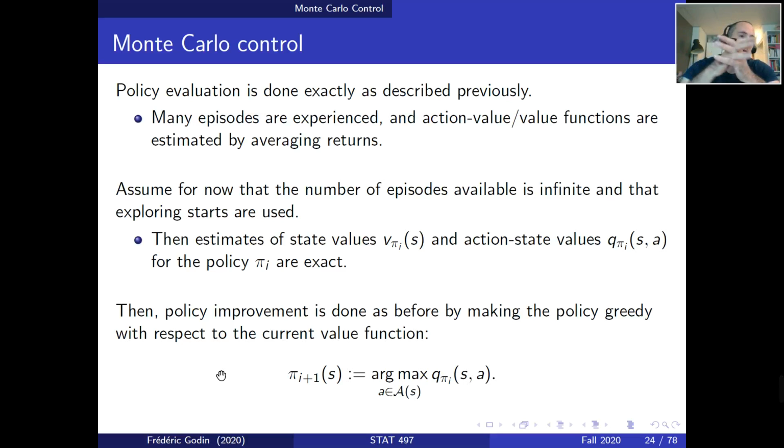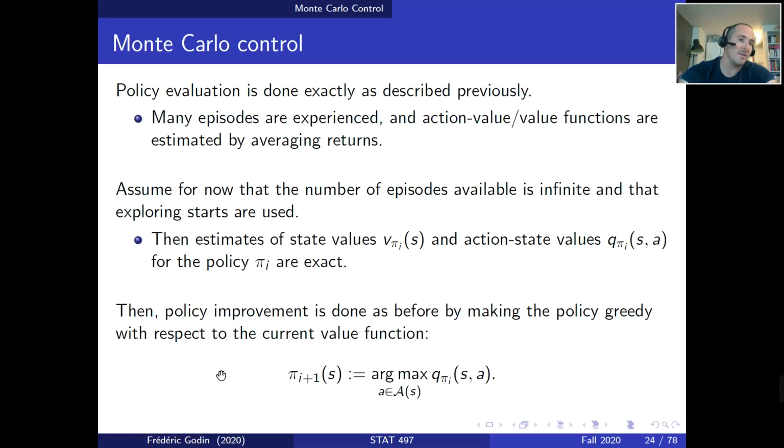Let's say we have our current estimate of the policy pi I. Then we want to find v I, which is approximately equal to the value function associated with that policy pi I. To get an estimate, we generate multiple episodes with policy pi I, and then for all state action pairs, we find the associated returns across the generated episodes and average all such returns.